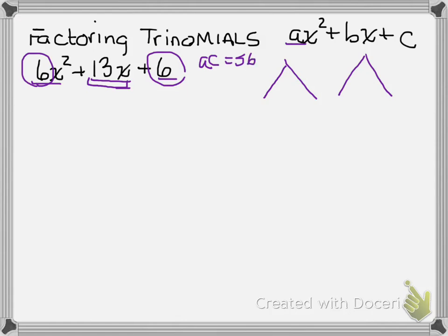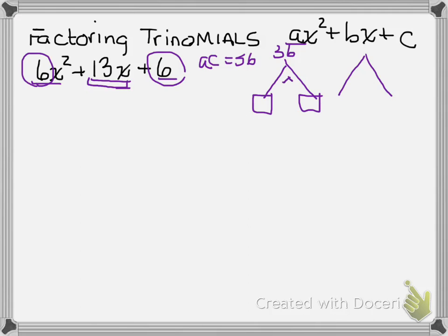At the top of our first tree, we write 36. Recall our first tree is where we find 2 numbers that multiply up to the top, which is 36.